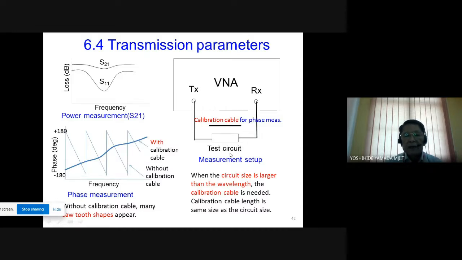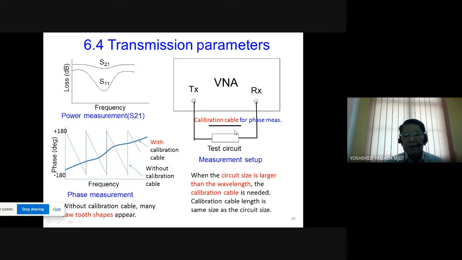In this case, the test circuit is large compared to the wavelength. So if we calibrate with a calibration cable whose length is almost the same as the circuit size, then the measured data becomes like this one, smooth data of phase difference.